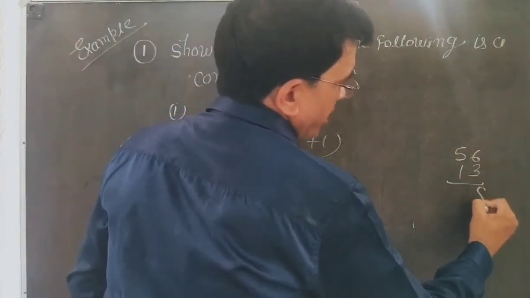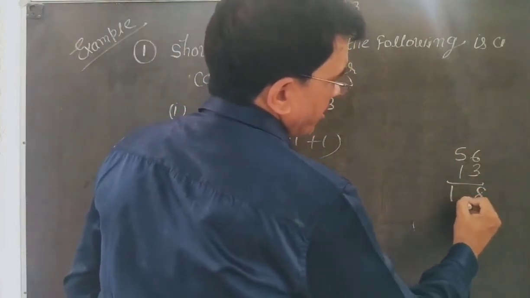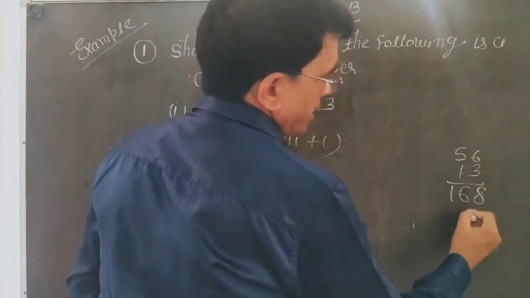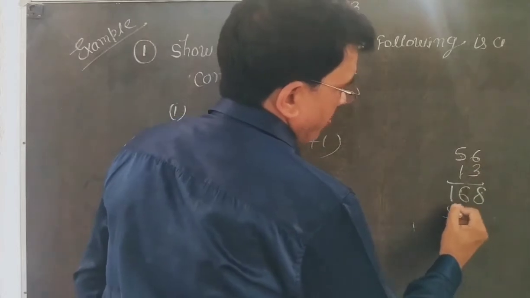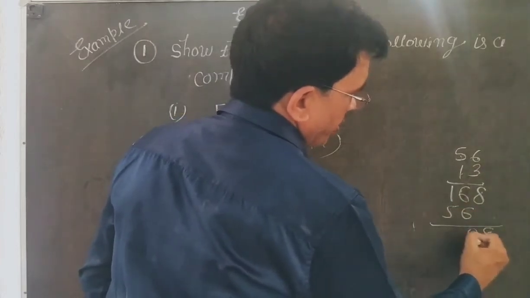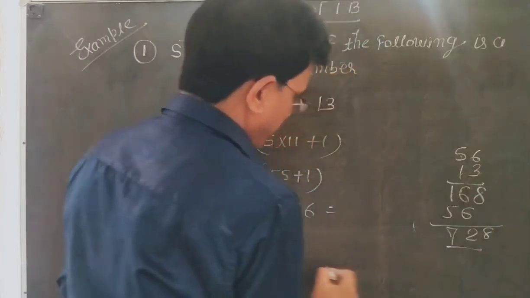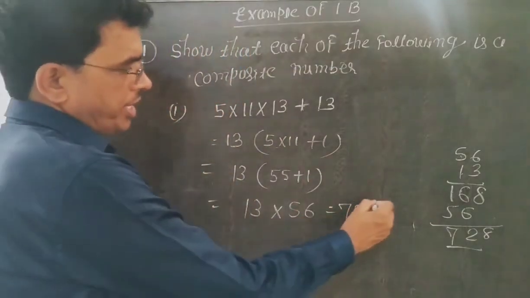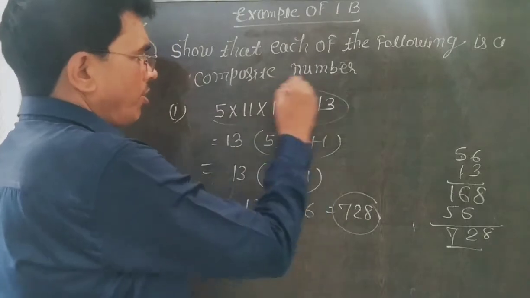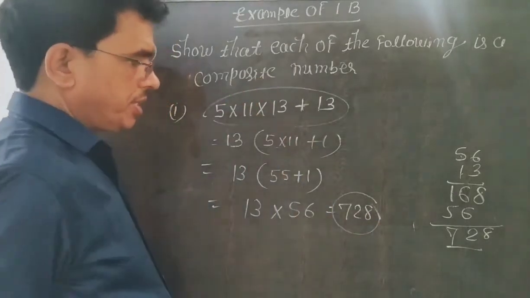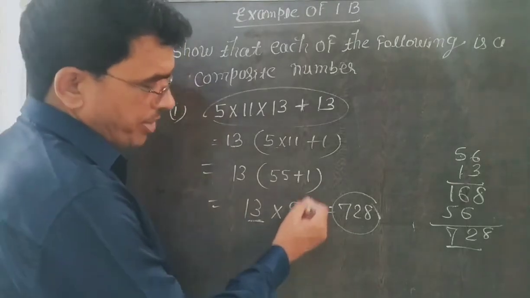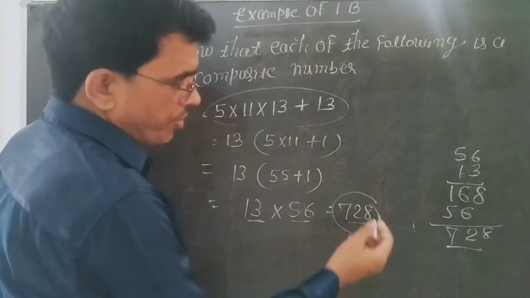6 threes are 18. 5 threes are 15. 1 carried makes 16. And 6 and 5, so it is 728. Dear student, when you solve, you get 728.